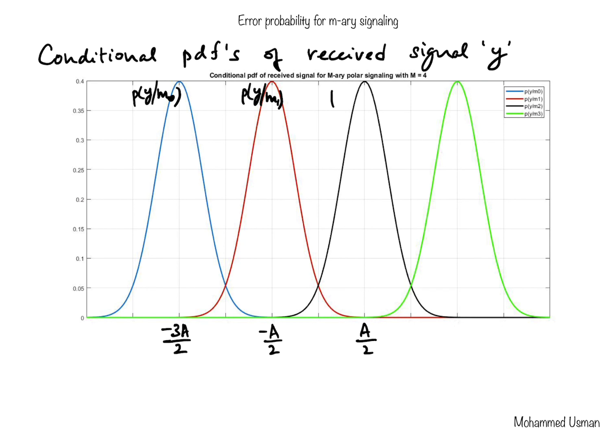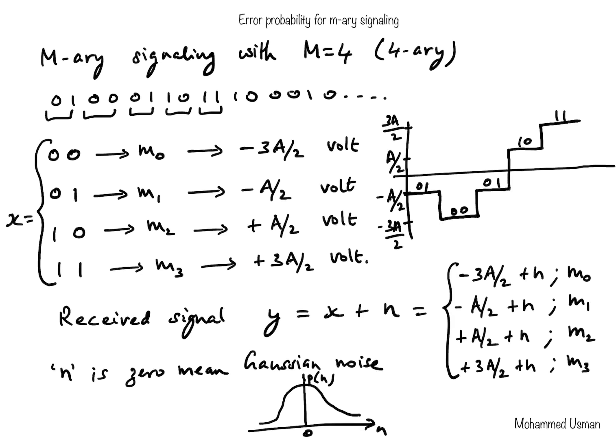So this black PDF is the conditional PDF of the received signal Y on the condition that M2 is transmitted, and that will be centered on plus A by 2, because when M2 is transmitted, the transmitted voltage level is plus A by 2, to which the zero mean Gaussian noise gets added.